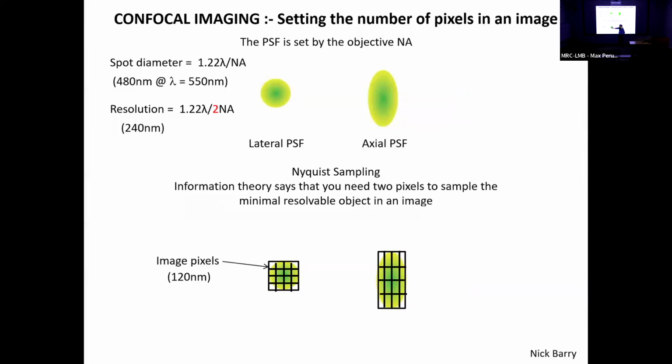That is the condition in terms of sampling and stepping our spot where we can actually capture the detail that the confocal will give us. And that holds true in both X and Y and in Z. Effectively, we need to do that sort of sampling density.